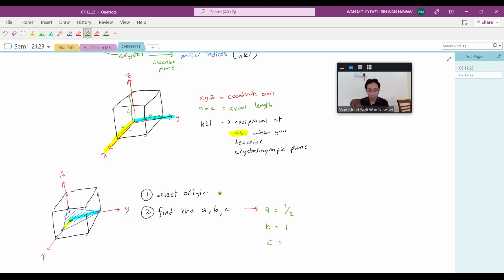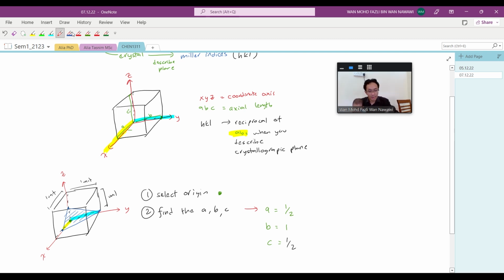Imagine we denote the unit cell as 1. Normally in practice we denote each edge length as 1 unit, so half of the unit is half. So that is ABC.